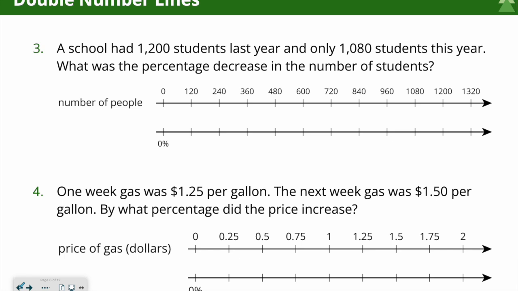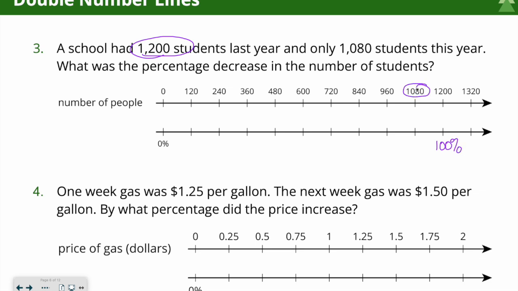Number 3, a school had 1,200 students last year and only 1,080 students this year. What was the percent decrease in the number of students? And this time they filled in the number of students number line for us. And last year's is our starting amount. So 1,200 is going to be our 100%.